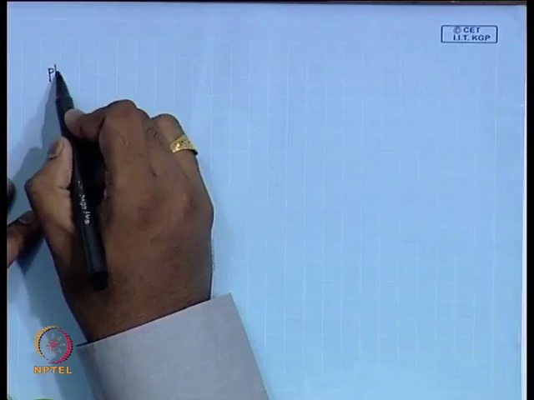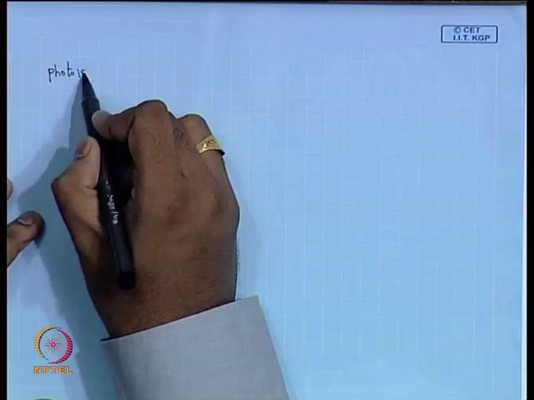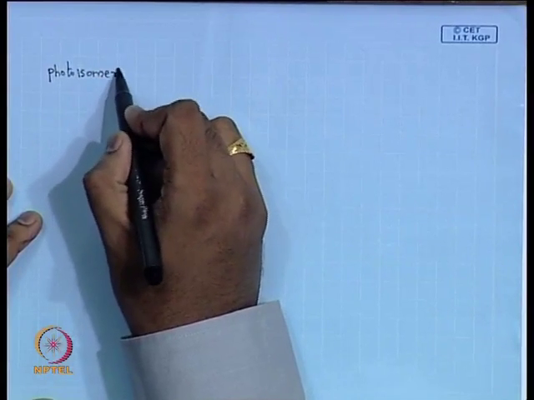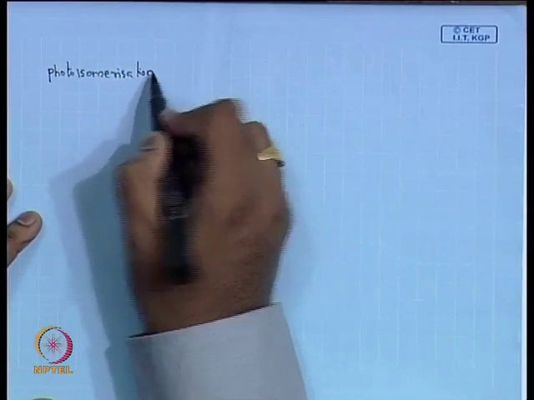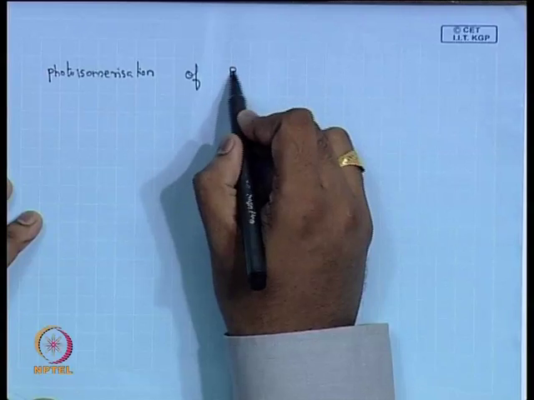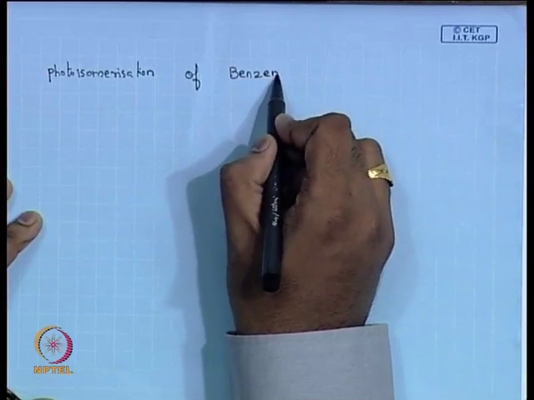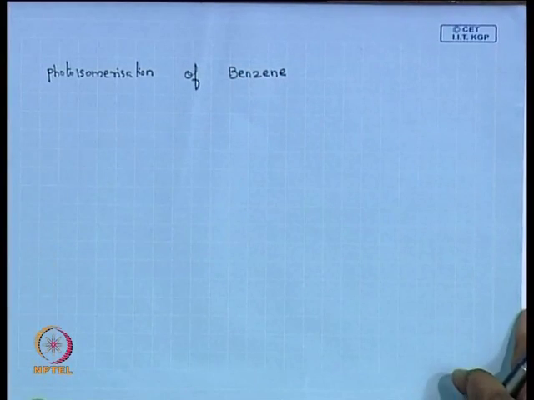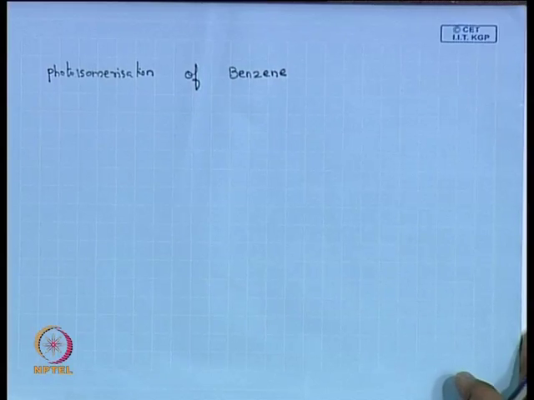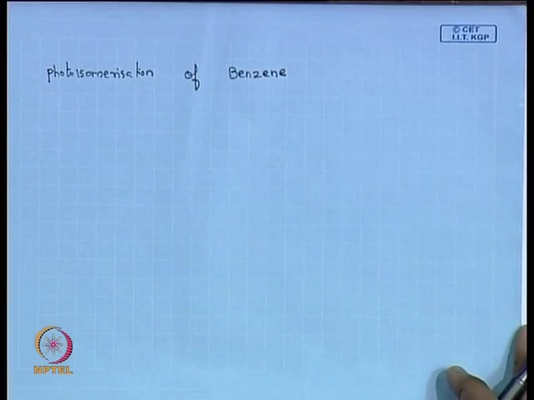Now, we can go to our photoisomerization of benzene systems. I think this is the first thing where we are talking about aromatics, right. So far we have not talked about any chemistry of aromatic systems.